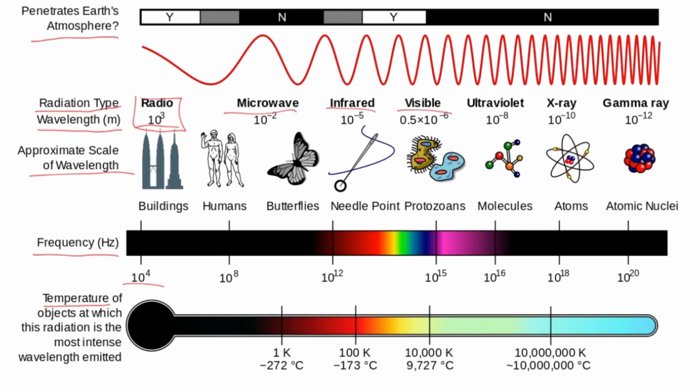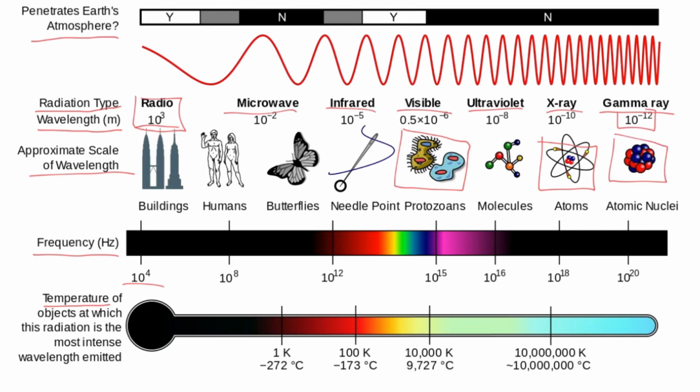So for visible light, we're talking about wavelengths the size of microbes. We get into ultraviolet next, then X-rays. By the time we're at X-rays, we're talking about wavelengths the size of atoms. And then when we get to gamma rays, which are the most high-powered, the wavelengths are the smallest. We're talking about wavelength sizes the size of atomic nuclei.